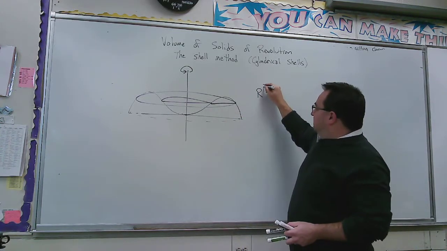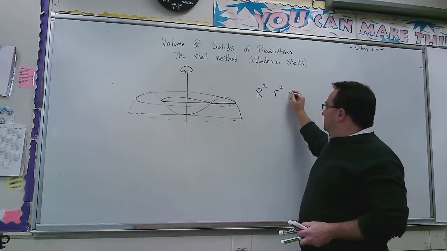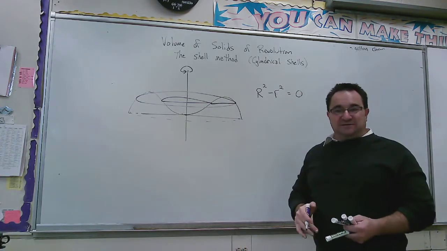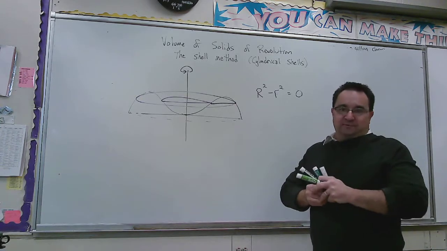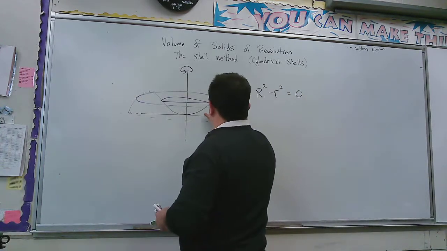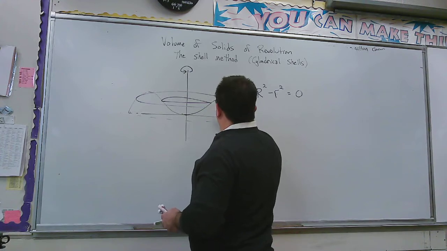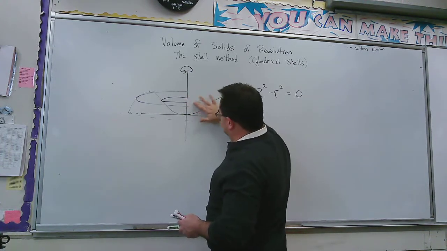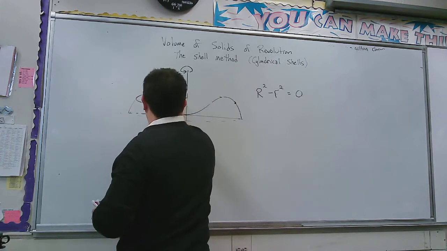So when I do the outer radius minus the inner radius, I would get 0. And the volume of this solid is not 0. That is like a huge problem. Some curves you can handle through symmetry, but this one would give us trouble there. So we need another way.